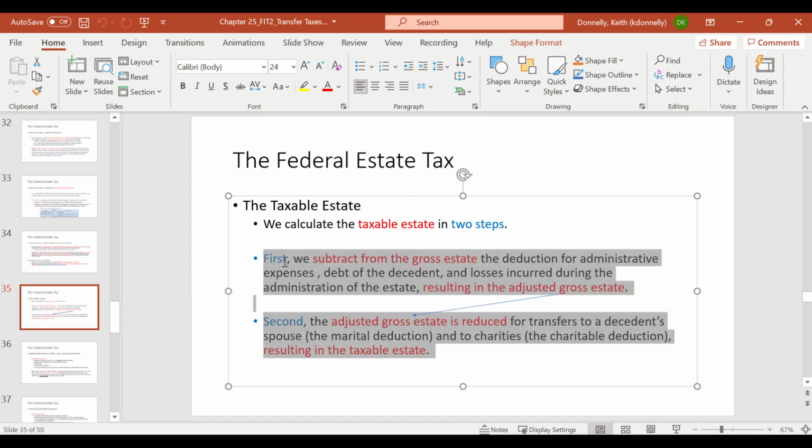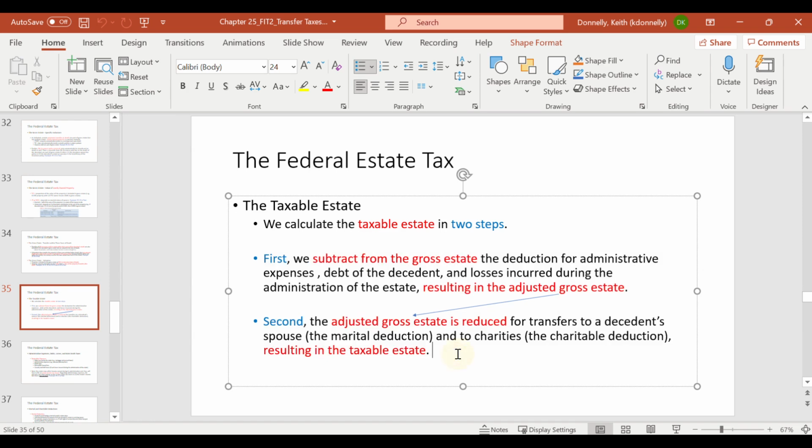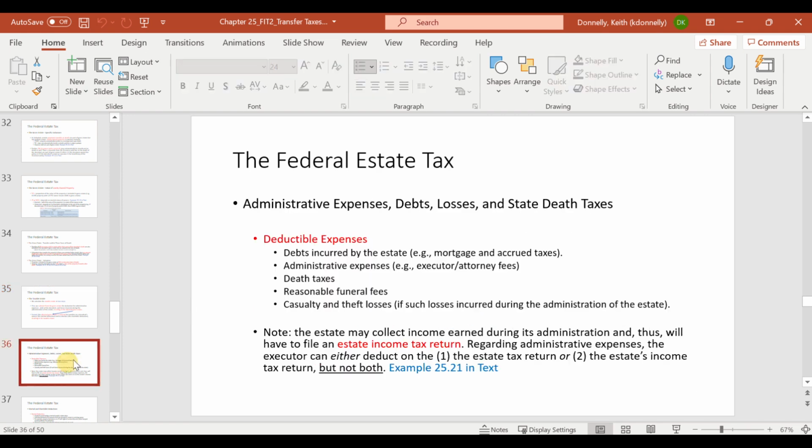So they basically are breaking out a bunch of deductions into 2 types. The first thing, conveniently, you see the very first deduction they're taking there is administrative expenses. The lawyers, the attorneys, they want to be paid. So looking at the administrative expenses, these are things like debts incurred by the estate, administrative expenses, taxes, funeral costs.